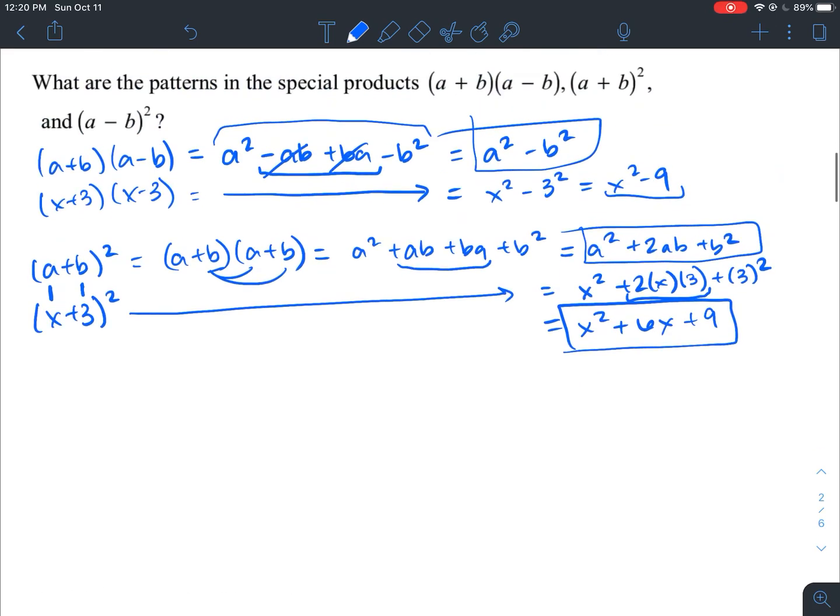Okay. Now we could try a minus b squared, which again, if this is being squared, this is equivalent to a minus b times a minus b. So a times a is a squared times negative b is minus ab.